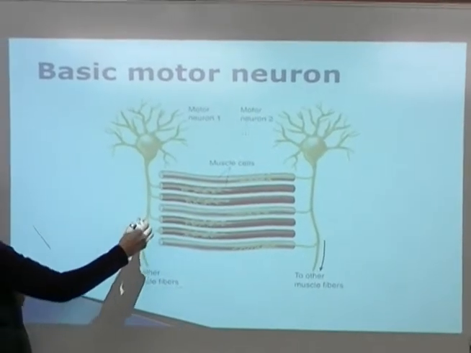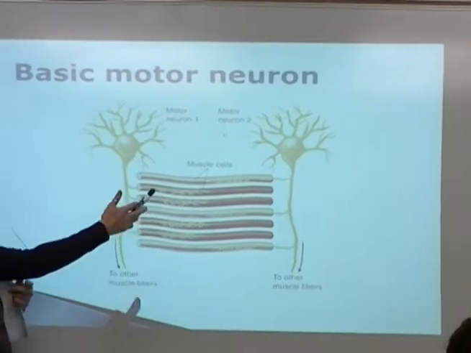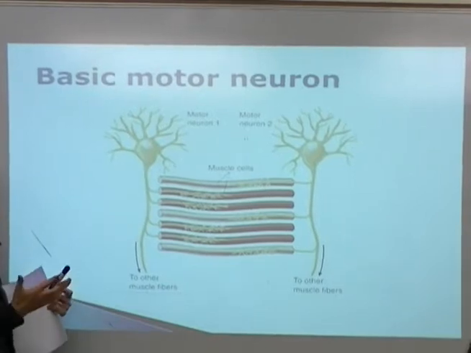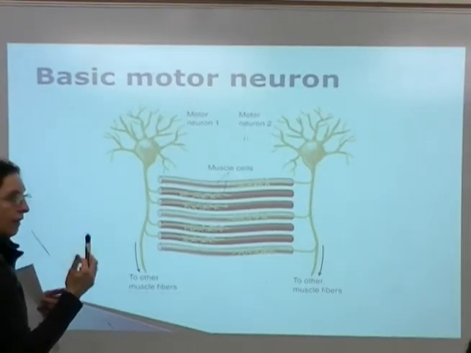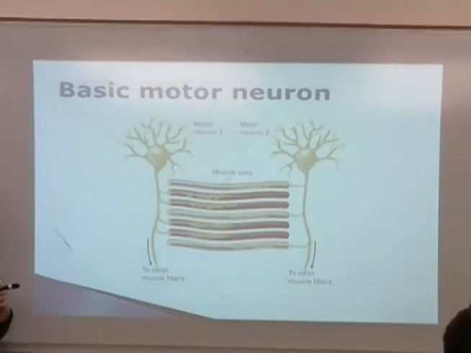Here's the axon of the motor nerve, and it is synapsing with a muscle. Now, if I am a type 1 nerve, I'm going to synapse with type 1 fibers.